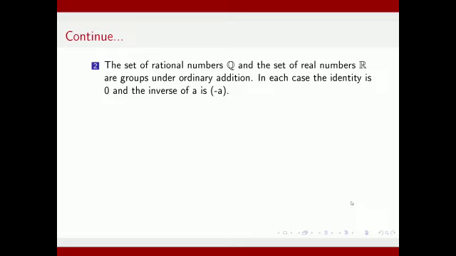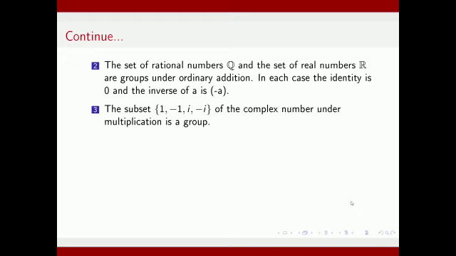In each case, the identity element is 0 and the inverse of A is minus A. Now consider the subset 1, minus 1, i, minus i of complex numbers. Under multiplication, we have to show that this subset is a group. To verify the properties of group, we can draw Cayley table.